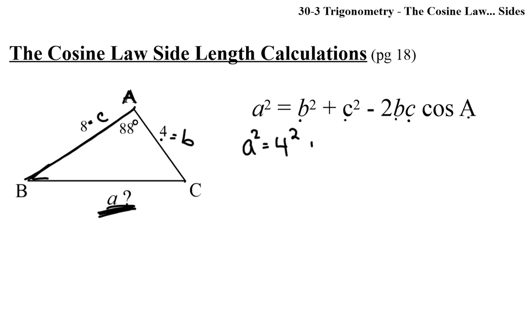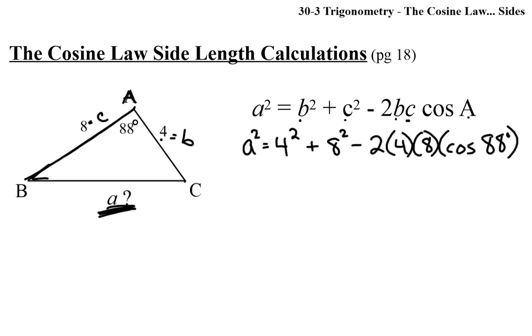4 squared plus 8 squared minus 2 times B, which is 4, times C, which is 8, times cosine of angle A, and angle A is 88 degrees. Big formula, lots to plug into a calculator. You have to be careful.